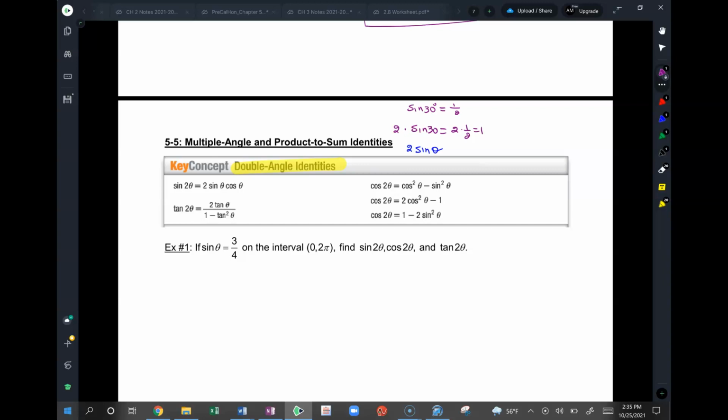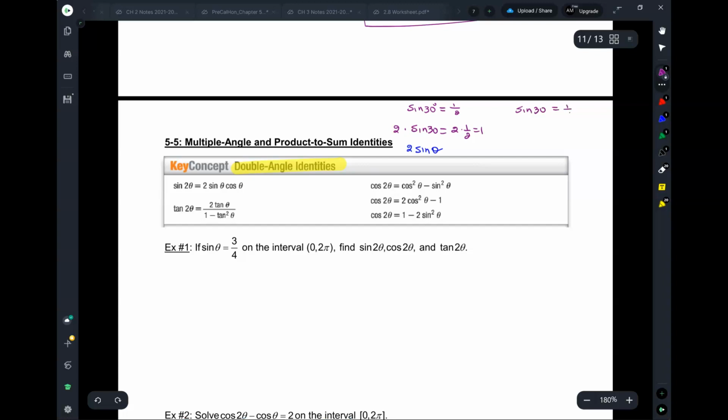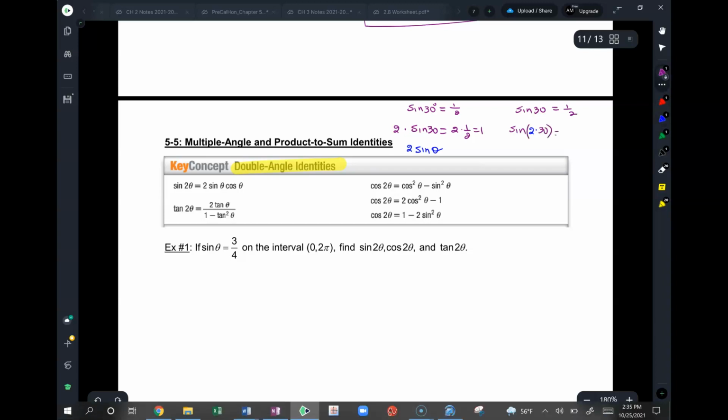All right. So if I have 2 sine 30, that's like saying 2 sine of theta. Now, suppose we go back to our sine of 30, that we said was a half, okay? Now, suppose I multiply the 30 by a 2. What is that?